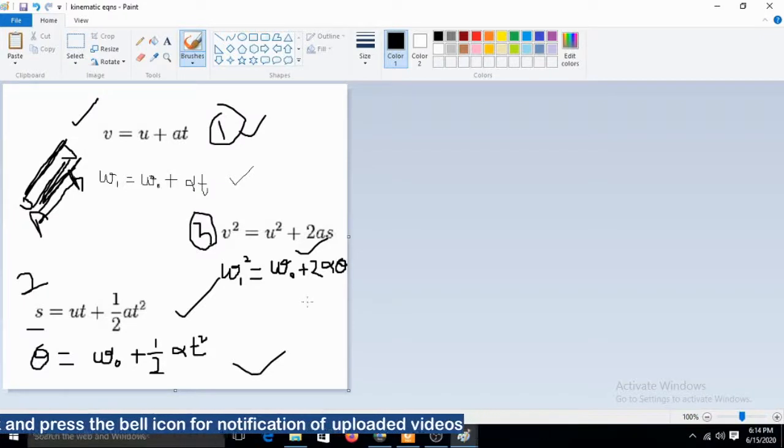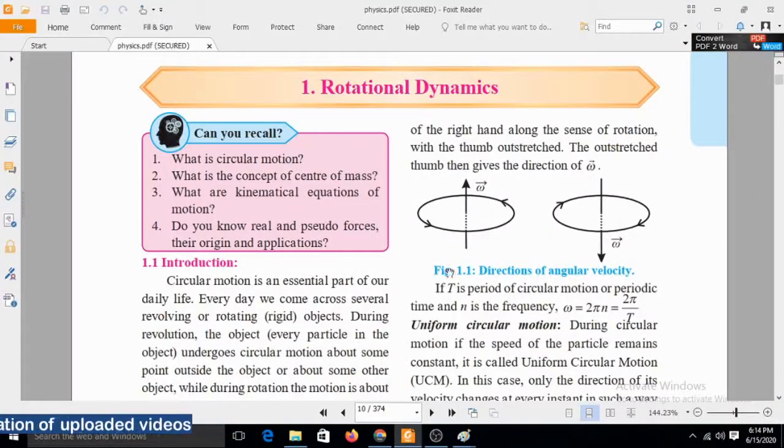We are done with the third kinematical equation for circular or angular motion.